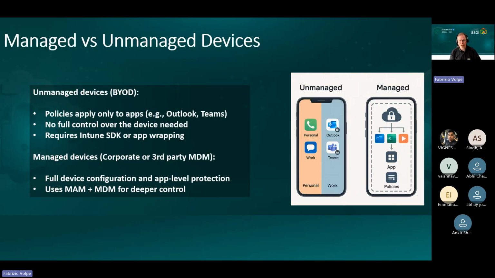And so, to summarize what we said so far, I have two different situations. The one that we are talking about today is the unmanaged devices, bring your own device. So the policy that I create applies only to the apps. So for example, if you have Outlook or Teams installed, and you log into the app with your corporate account, in that case, I want to manage the app.